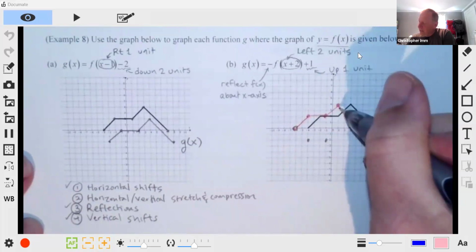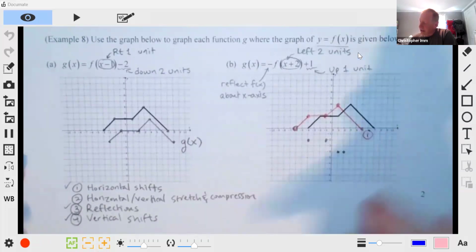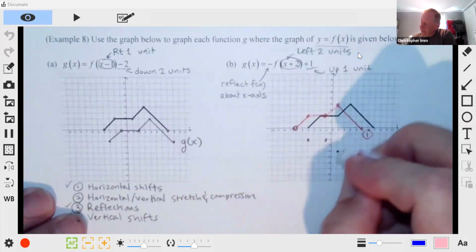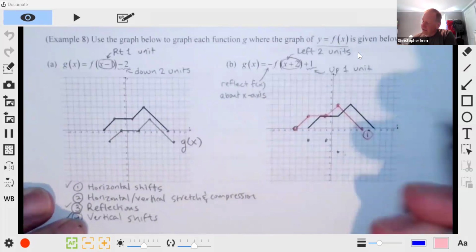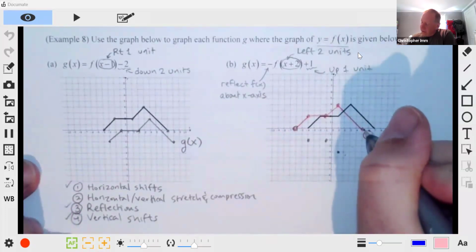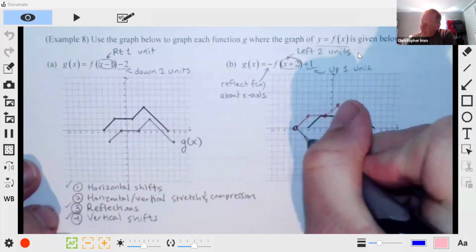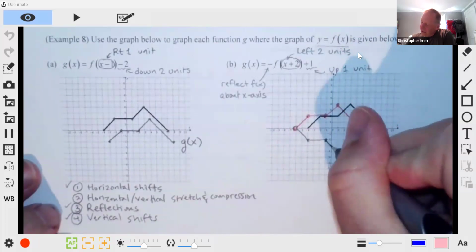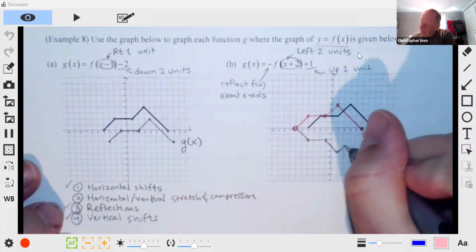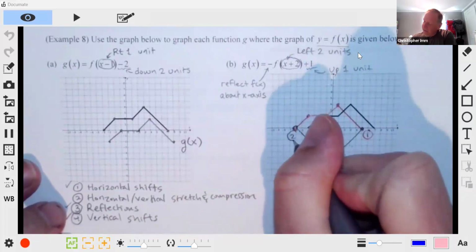I have a positive 4, this one's going to go to negative 4. That should be over here, actually. And luckily, this was a pencil one. And then finally, this one is just going to be negative 0, which is the same place. So I can connect those. And remember, I'm not done yet, but this is going to be my second step here. So this will be step 2.